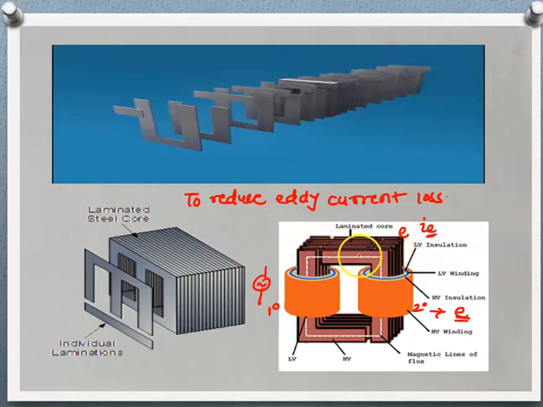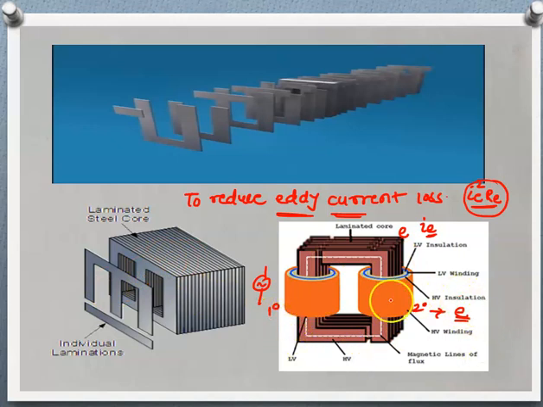And when current is circulating through this core, we will have this eddy current loss, I_E squared into R_E. This is the eddy current loss which causes heating of the core, that we do not want. So, to reduce this eddy current loss, we use these laminations stacked together to form a core.